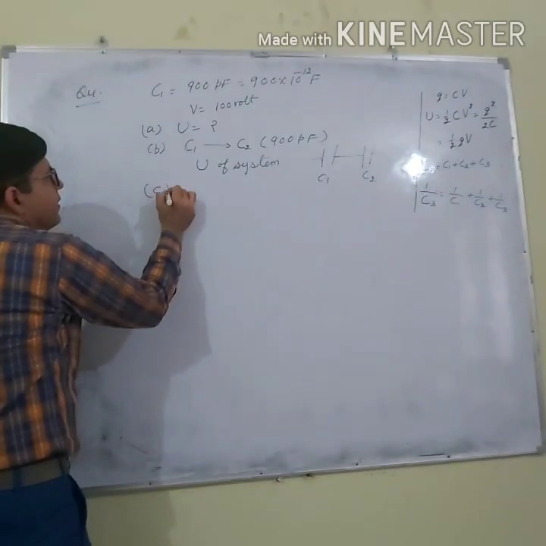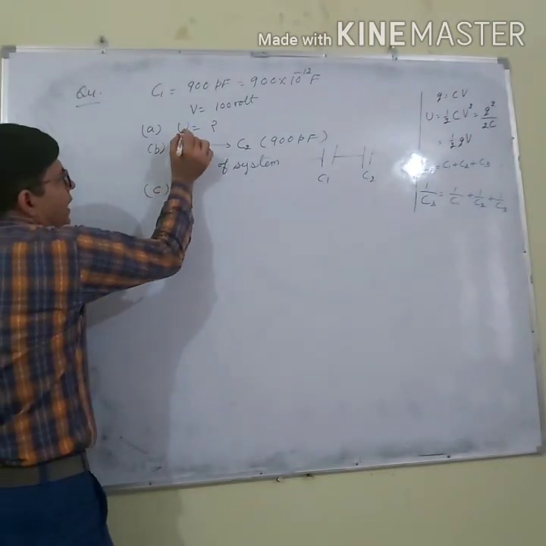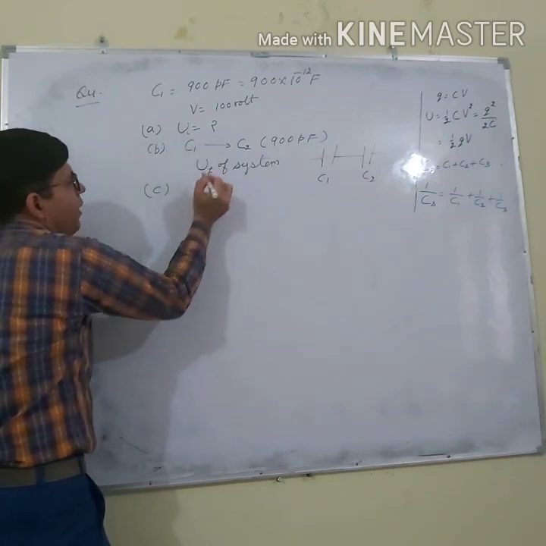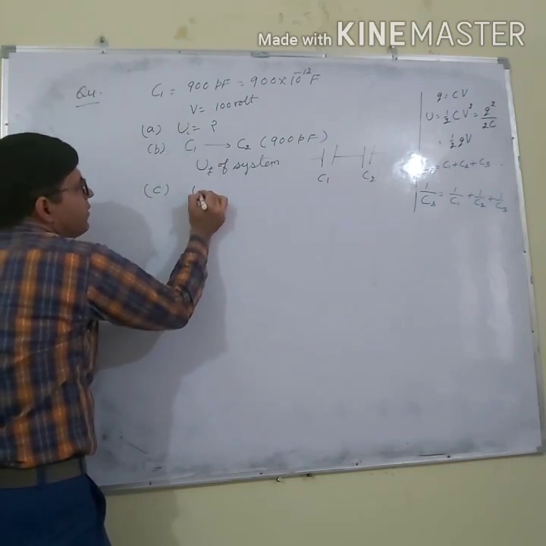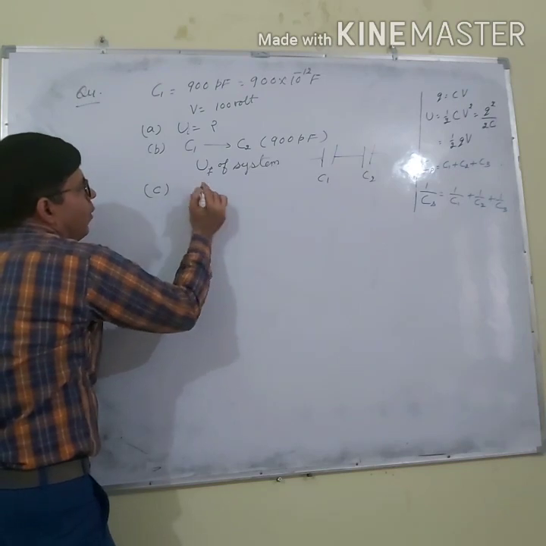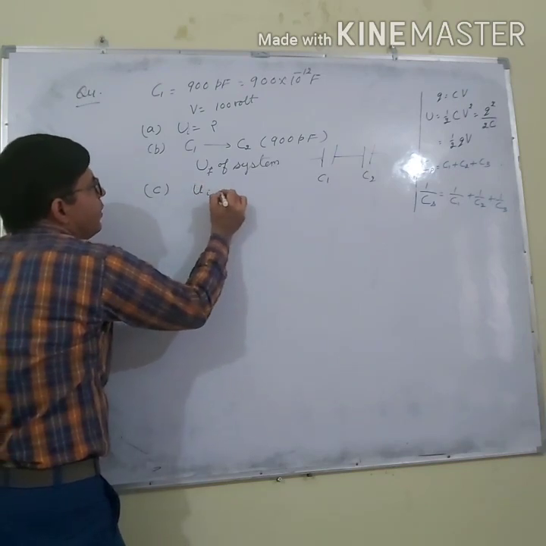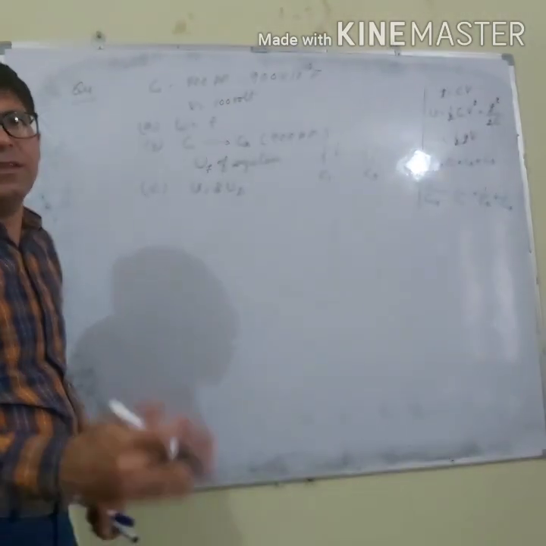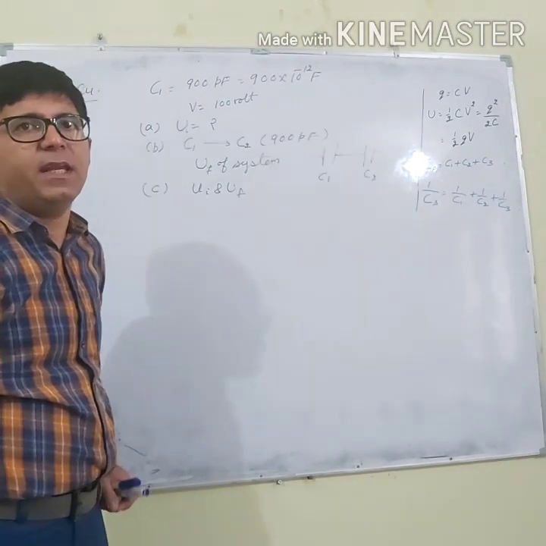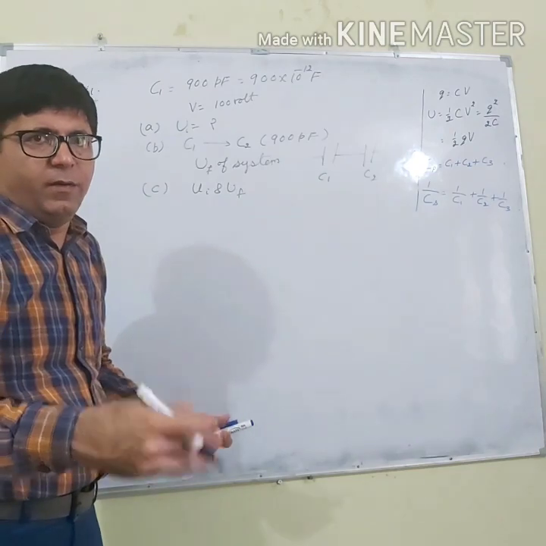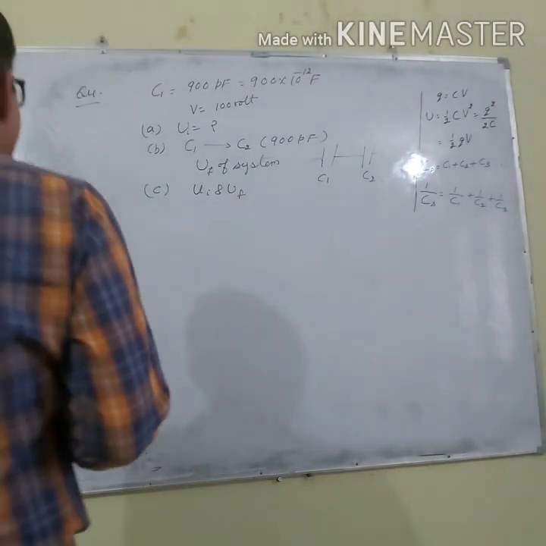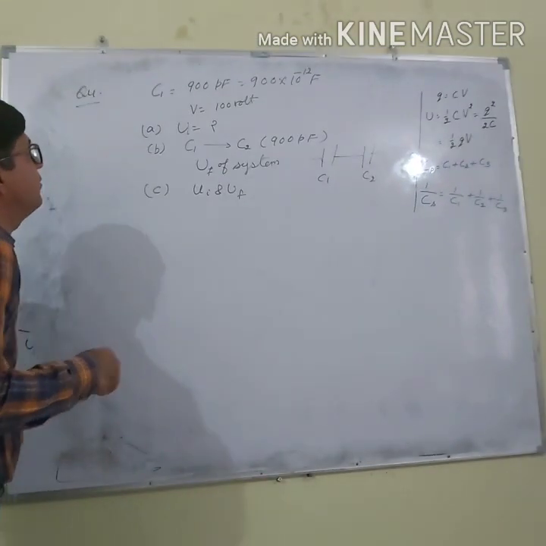Let us say this is UI and this is UF. What is the relation between UI and UF? Which is greater? If there is some difference, then what is the meaning of that difference? So let's do this.